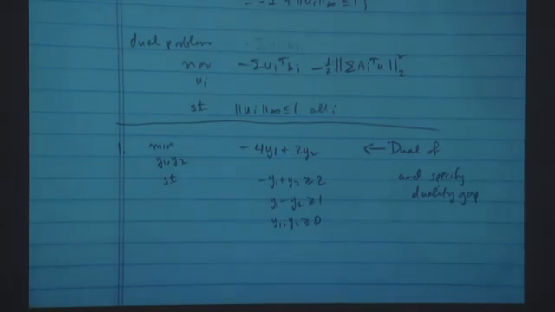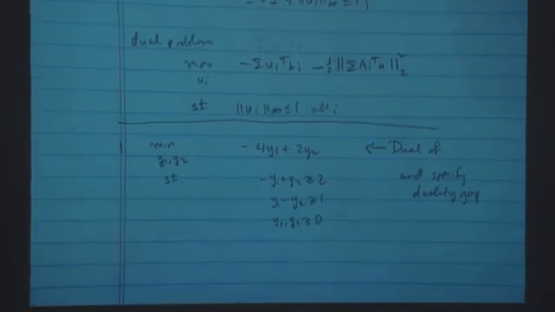For LPs, we get strong duality when Slater's condition holds, which means that in the primal, the constraint set is feasible. That's all we need. But we can also apply Slater's condition to the dual, and strong duality holds if the dual is feasible. So if either the primal is feasible or the dual is feasible, we get strong duality in an LP, which means the duality gap is 0.